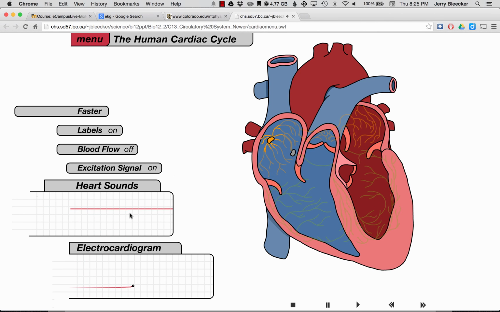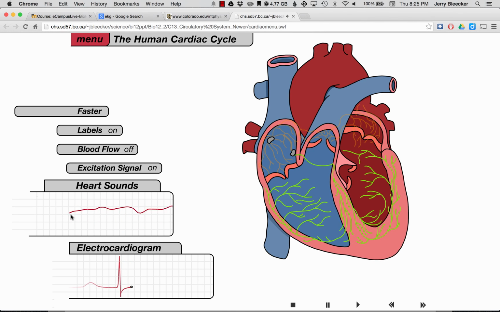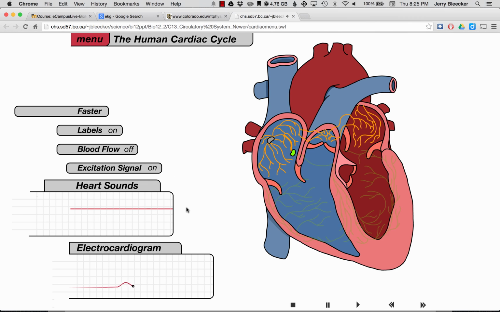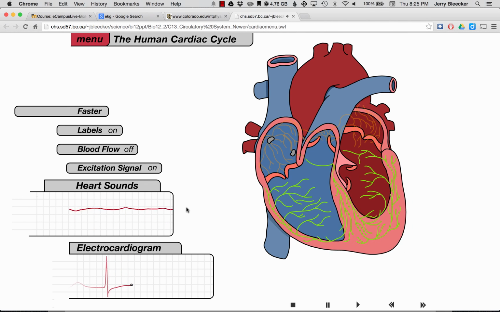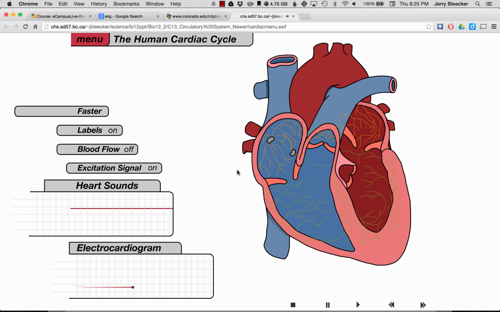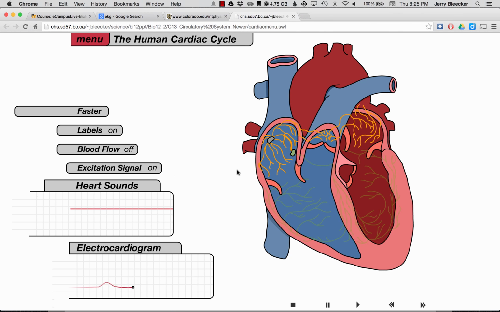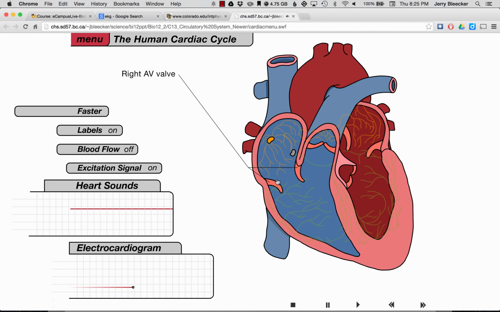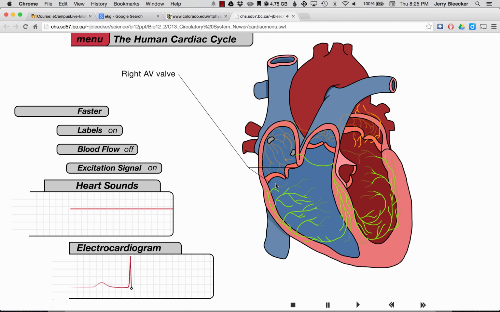You'll also see heart sounds. One thing I wanted to point out is your heart makes a lub-dub sound. A lot of people think that the lub is actually the opening of the atrioventricular valves. I know it's a bad imitation, but I'll go with it.